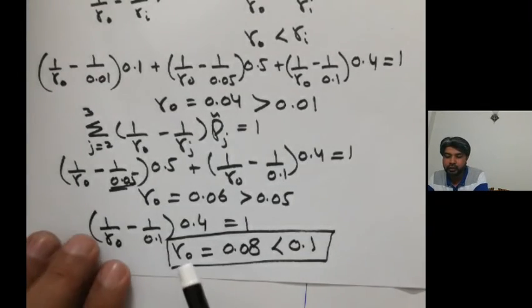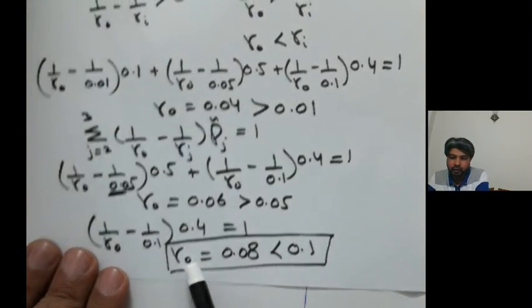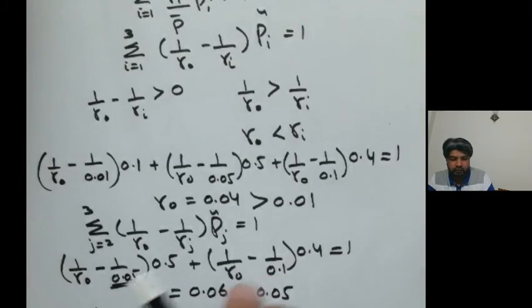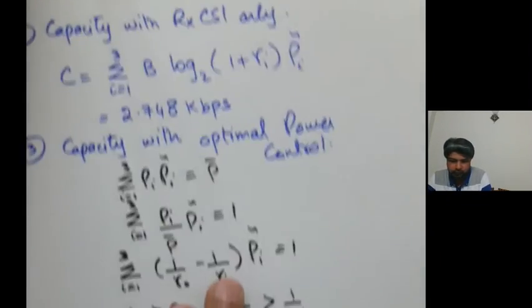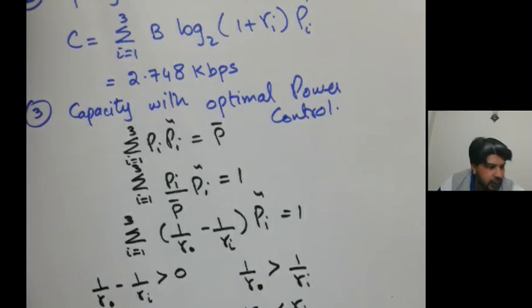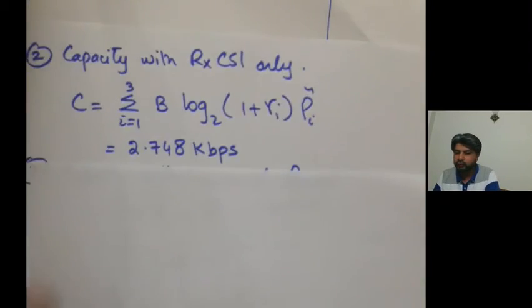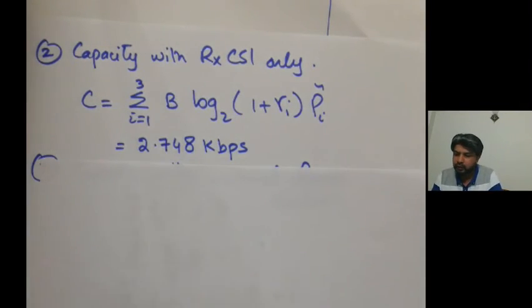So now we have computed gamma naught. Once we have the gamma naught, we can make use of the expression of the capacity computed a little earlier to compute the capacity under this regime. So now all we need to do is to find out the capacity.